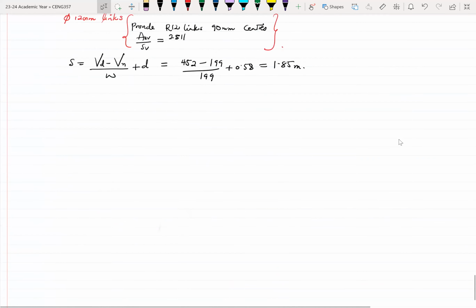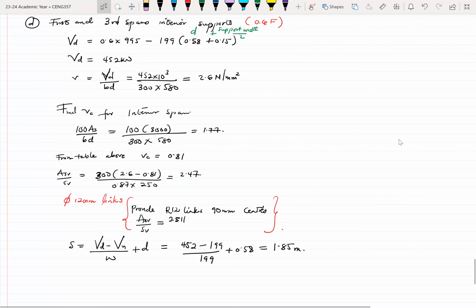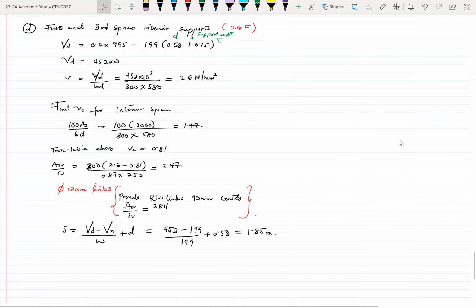So here we will see the last bit of it. When you look at the supports that we are looking at, on this face is 0.6 F, right?